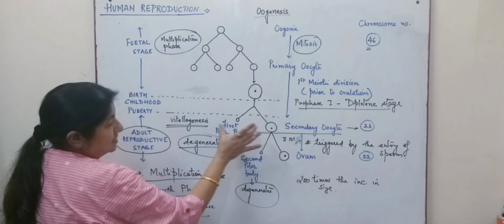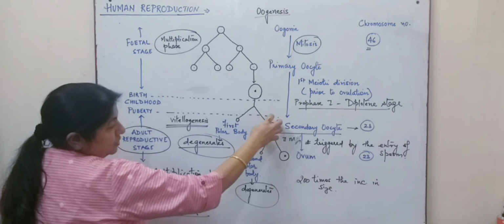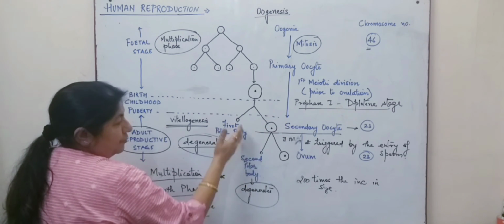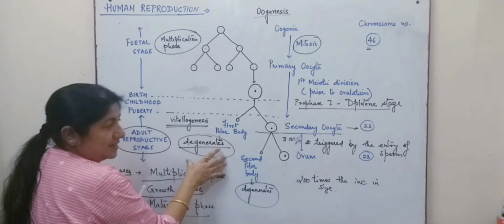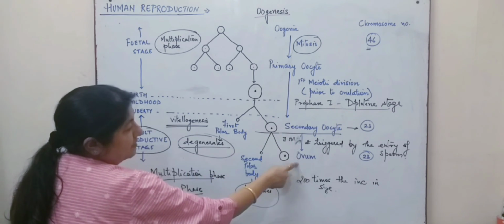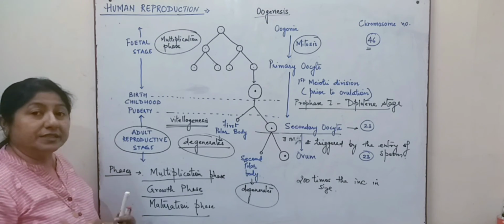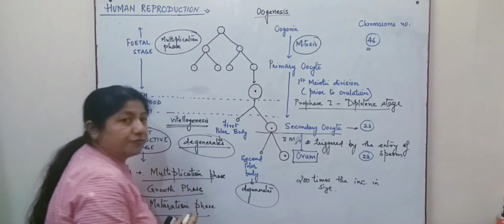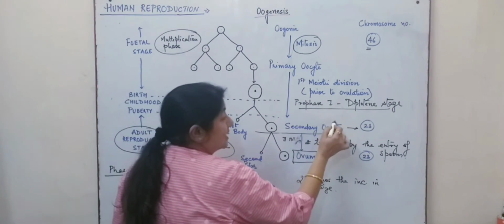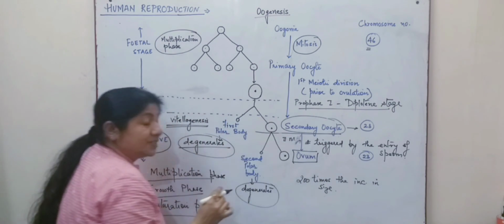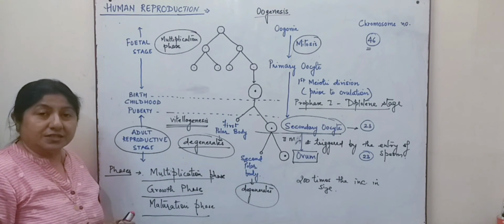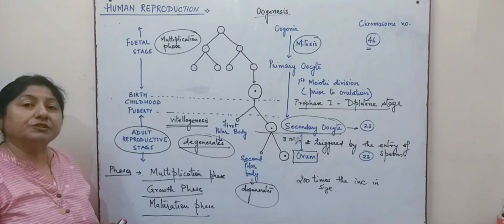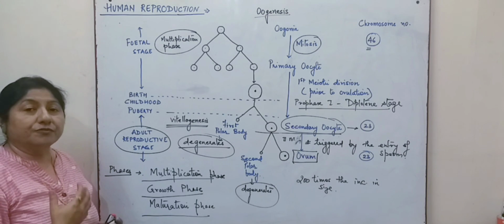So vitellogenesis divides the cytoplasm into two: the ovum retains most of the cytoplasm, and the first and second polar bodies, which are smaller in size, degenerate. The secondary oocyte develops into the ovum, triggered by the entry of the sperm. Otherwise, the secondary oocyte is the stage at which the egg is shed during the menstrual cycle. In the next part of the video, we'll try and understand the structure of the Graafian follicle.